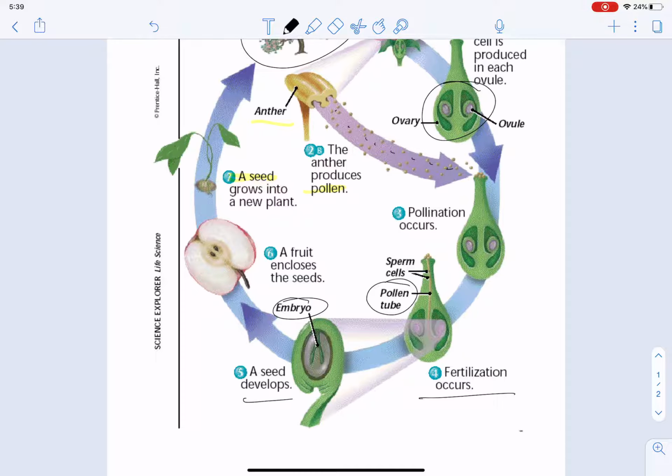And a seed is going to be protected by fruit. Okay, so the fruit is not only used to help protect the seeds, but it's also a mode of transportation because seeds want to distribute or travel far away from their parent plants, right? Because they want to cross-pollinate.